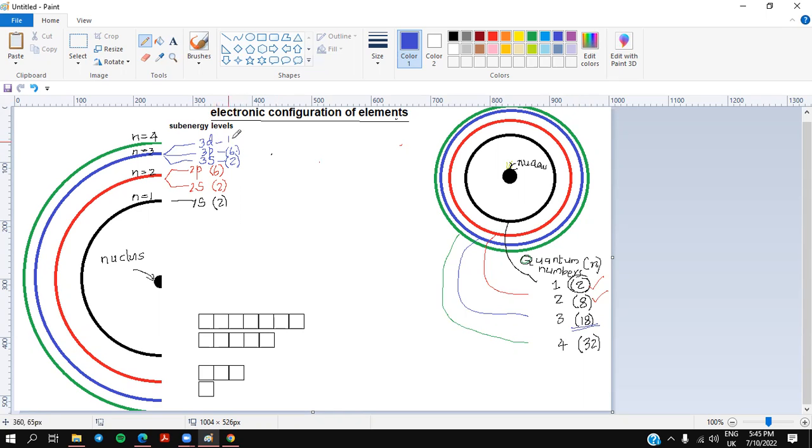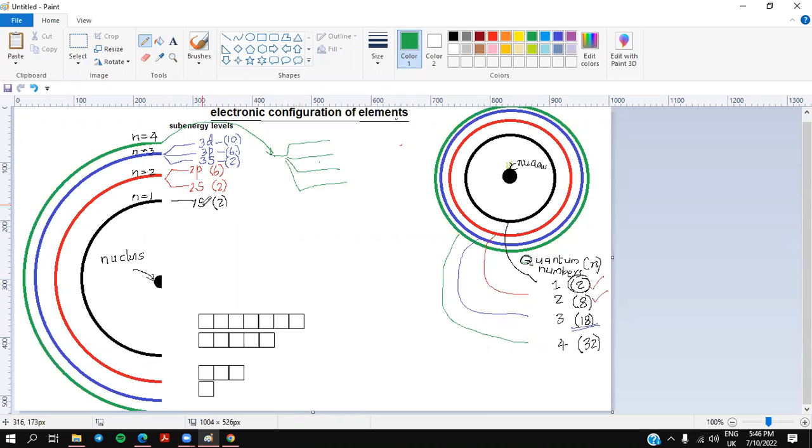This sub-energy level has only 10 electrons. And then I go to quantum number 4. Because there's not enough space, I take quantum number 4 away from the structure, okay? And this quantum number 4 divides into 4 sub-energy levels.